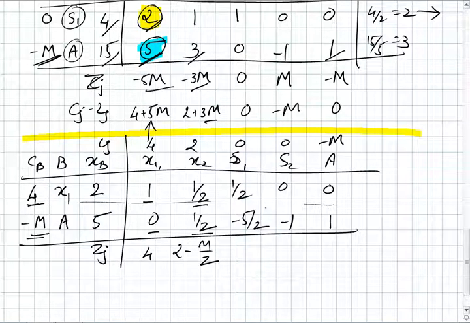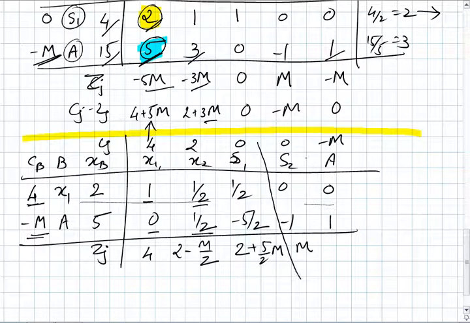And here 4 times half, that is 2, minus m times minus 5 by 2, so plus 5 by 2m. Here that is 4 times 0, so 0, and -m times -1, so m. Here 0 times 4 is 0, and -m times 1 is -m.